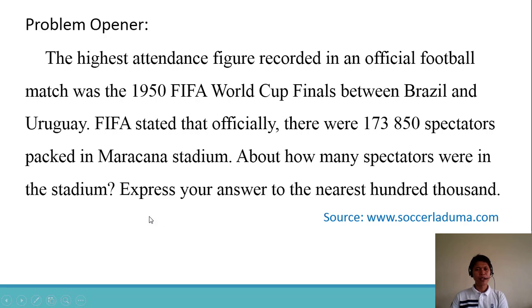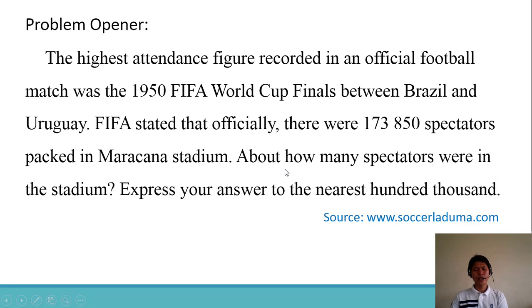Next, we are going to plan how we are going to solve the problem. Under planning, we can ask what might be the operation to be used. If you understand the problem, we don't need to add or subtract or perform any operations. Instead, we are asked to give an estimate because of this phrase about how many.